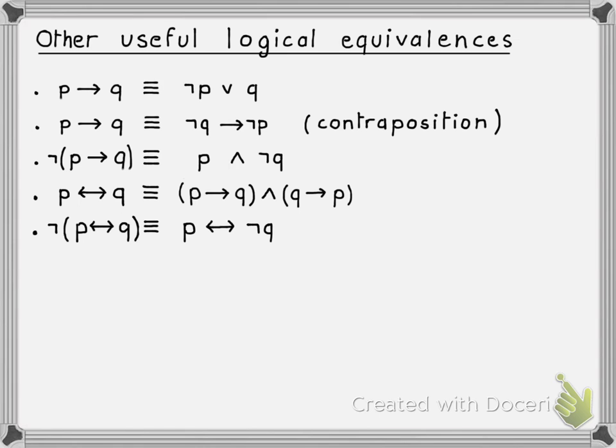And that's what the equivalence says. The equivalence says that the negation of a biconditional is equivalent to the first operand of the biconditional and then the negation of the second operand. Now you might say, wait a second, how do we know that P is not Q as opposed to Q is the same as not P? Well, think about it and you'll see that it's basically the same thing. So this concludes the list of important logical equivalences that you need to know at the minimum in this course.